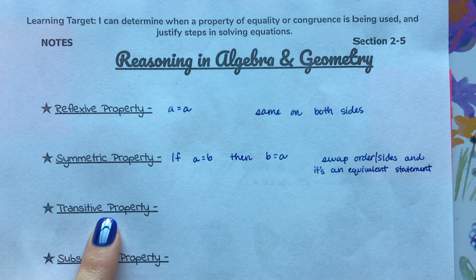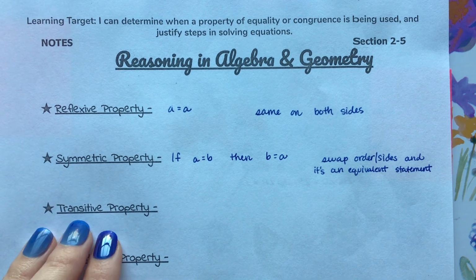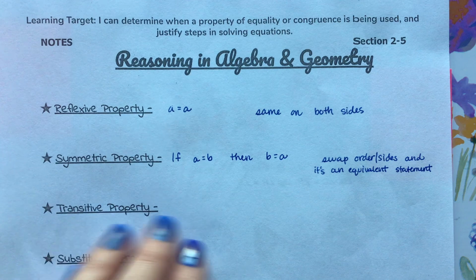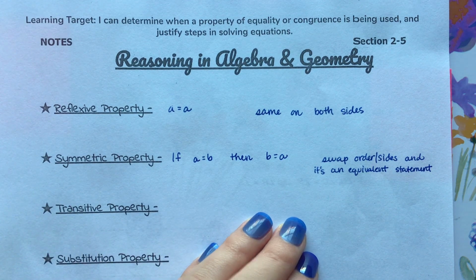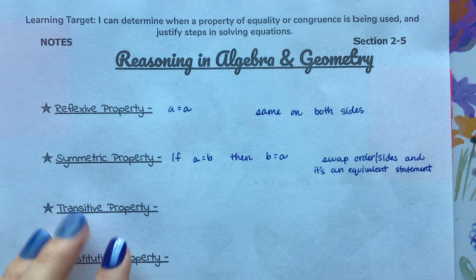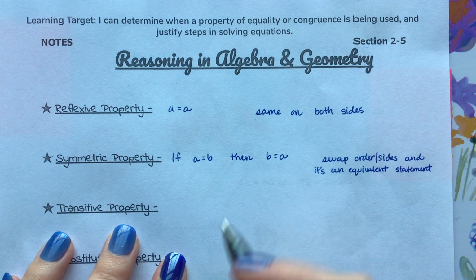Moving right along, now we're in something called the transitive property. So transitive, I think about how the variable almost travels through the equations, because we are going to say that two things are equal to each other. So then we're going to say that the first and the last must be equal to each other as well. What I mean by that is this.